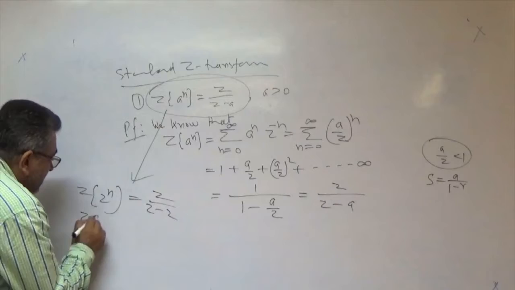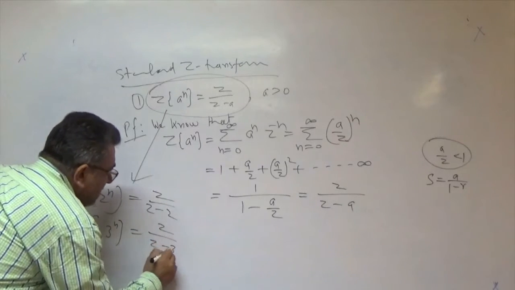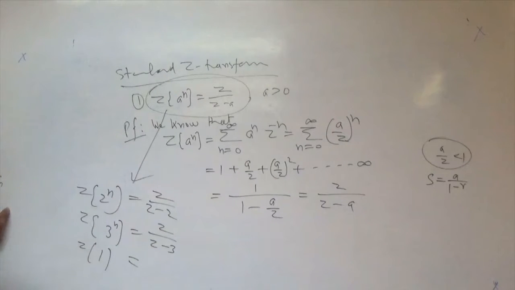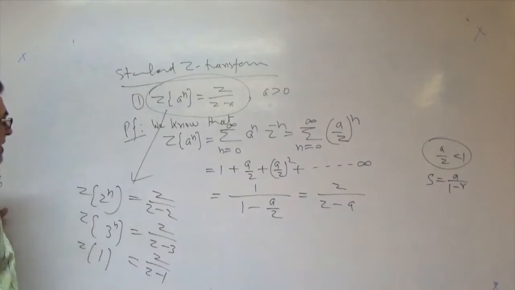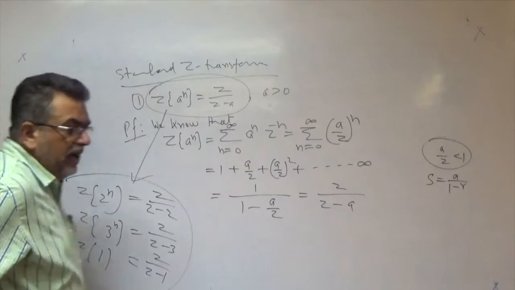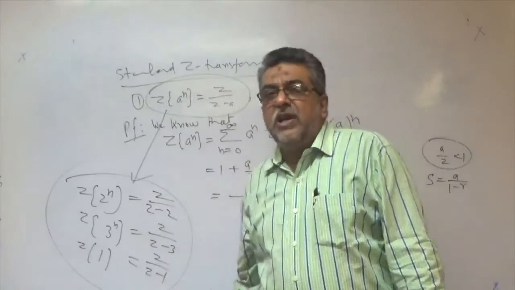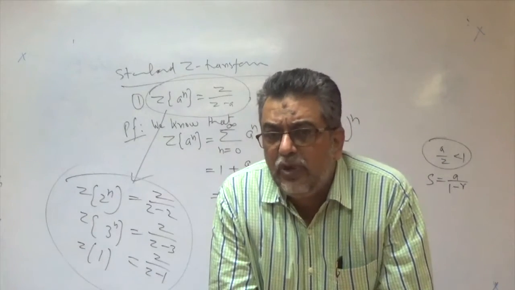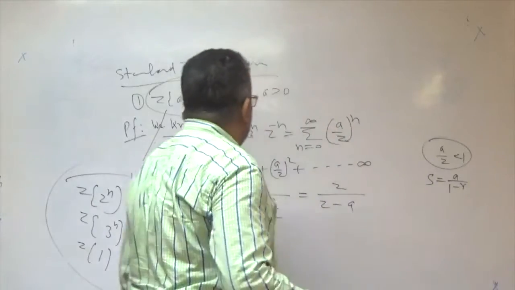If we have 3 to power n, then z upon z minus 3. If we have 1 to power n, which is 1, then this is simply z upon z minus 1. These are the formulas based on this standard result. You can use them anywhere in a numerical sum or question. This is the first standard result.